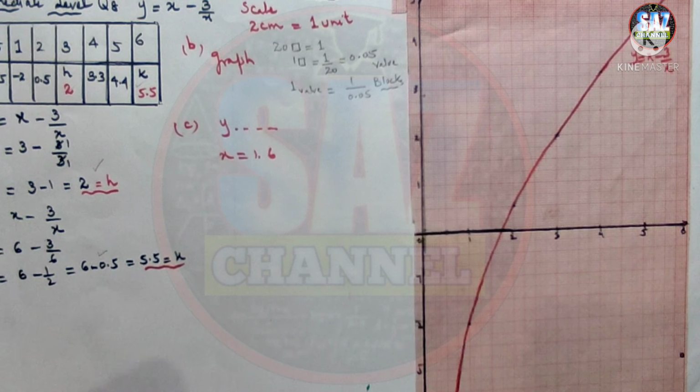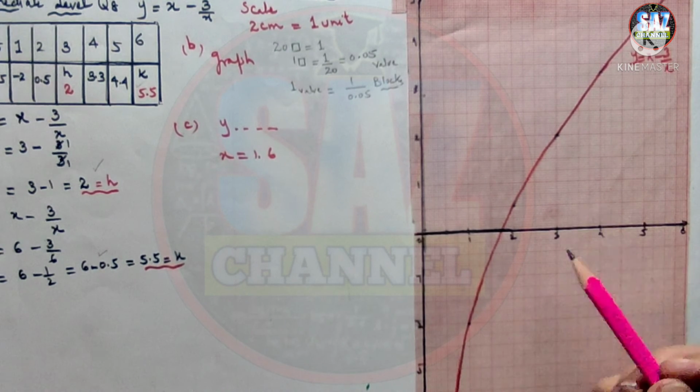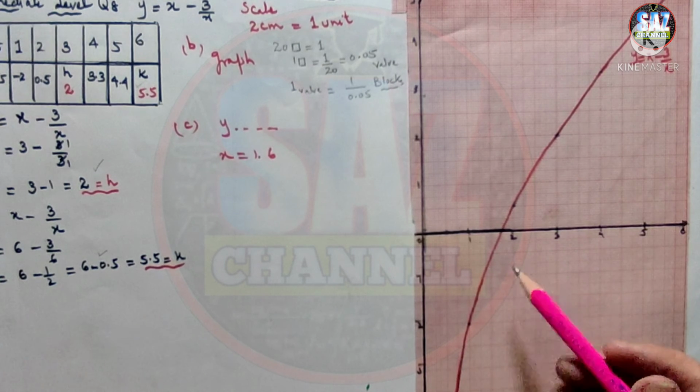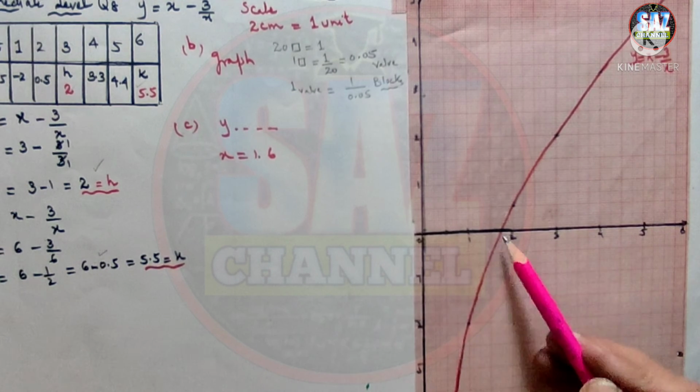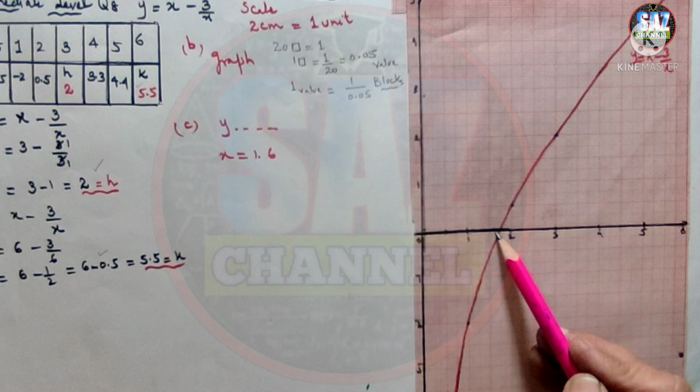1.6 divided by 0.05, and this is 32 blocks. 1.6 is 32 blocks. So this is 30, and this is 31, this is 32.